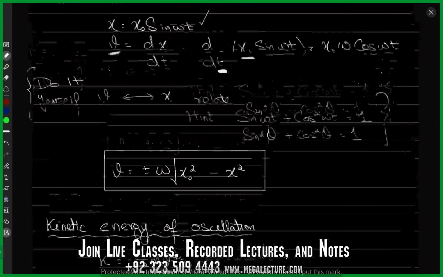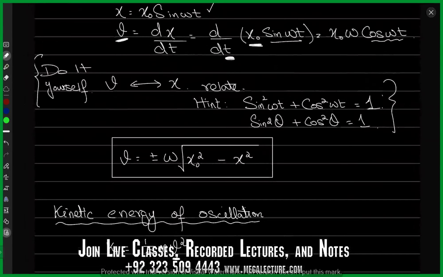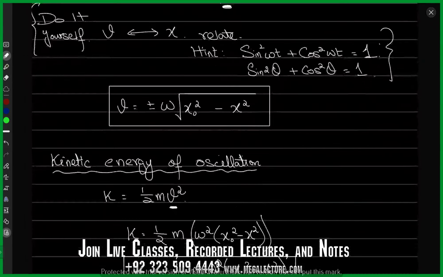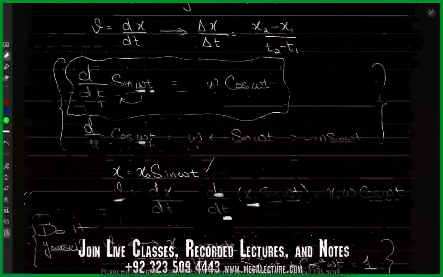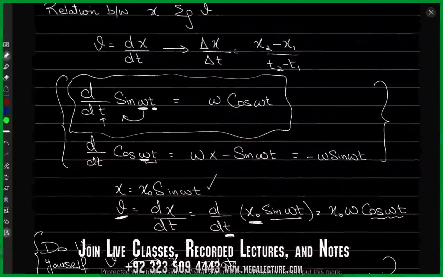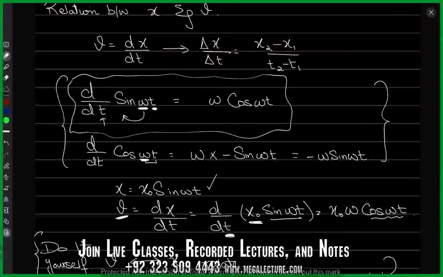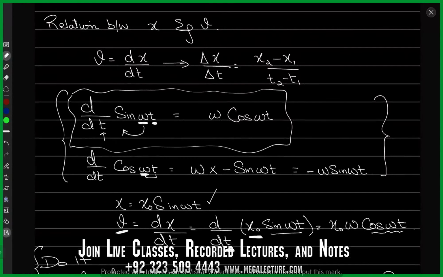Which one? Where, from here above. Or can you be a bit more specific about what part you are asking? Like where we involve x naught in our equations. Oh, x naught is just the amplitude of our oscillations, right?